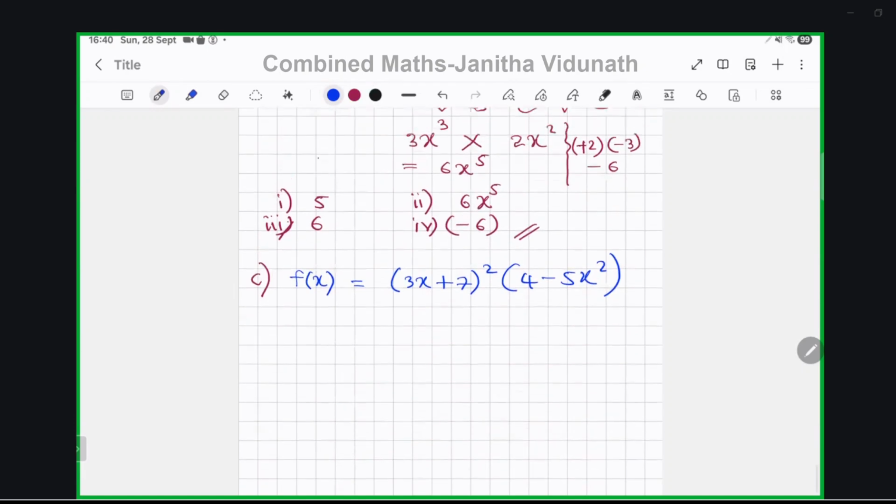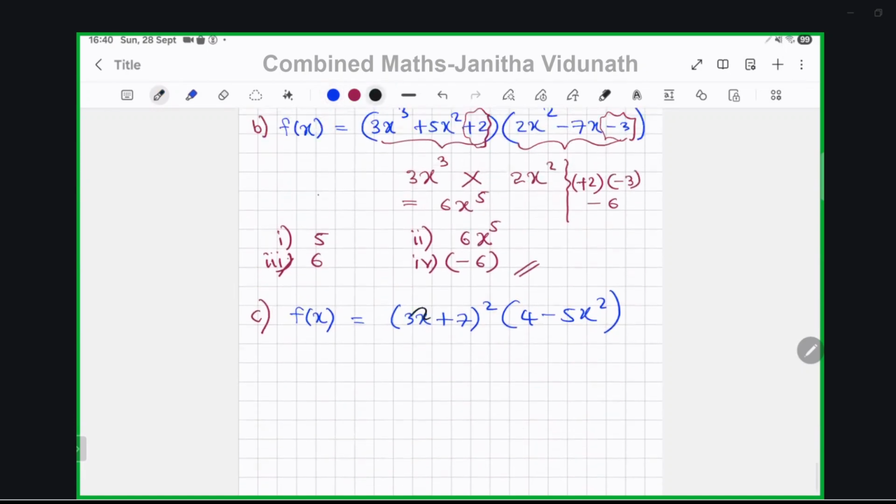Similar to the previous question, we need to find the highest term of the first bracket and the highest term of the second bracket. The leading term of the first bracket is the leading term of 3x, then 3x whole square, which is 9x square. The leading term of the second bracket is minus 5x square.